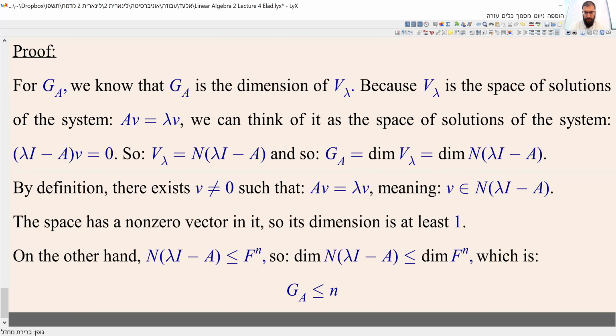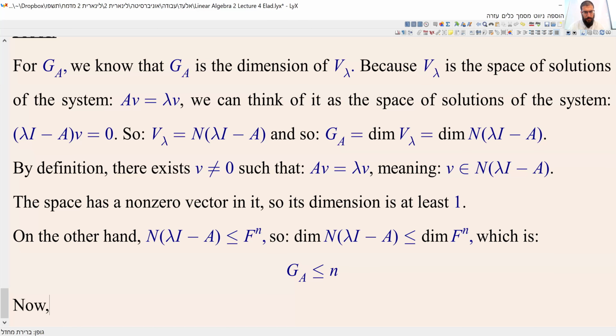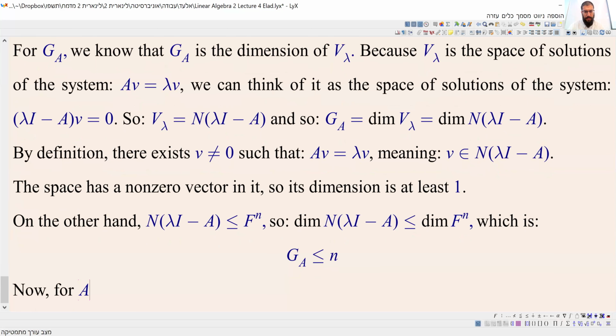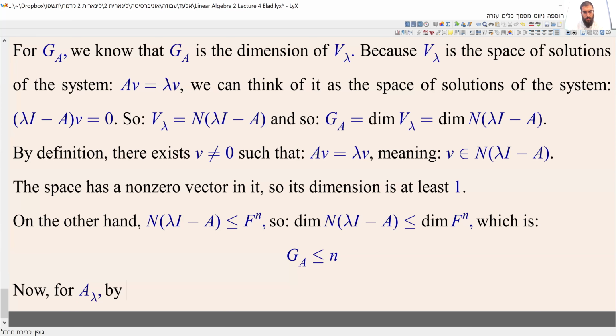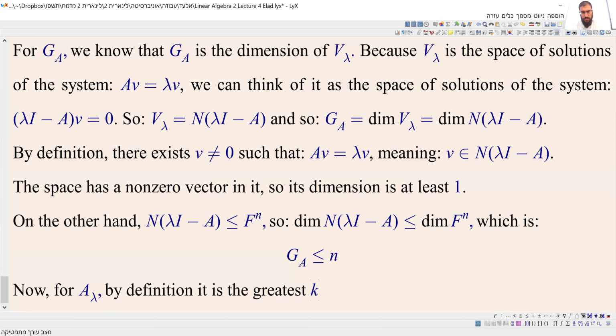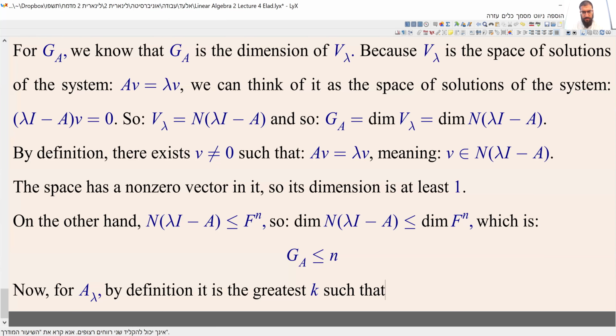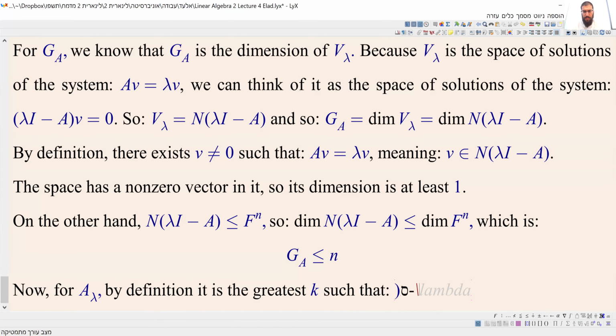Now, for A lambda, by definition, it is the greatest k such that x minus lambda to the power of k divides the characteristic polynomial.